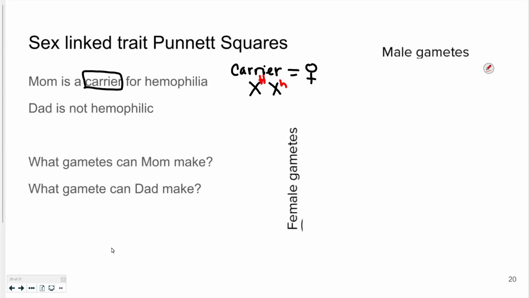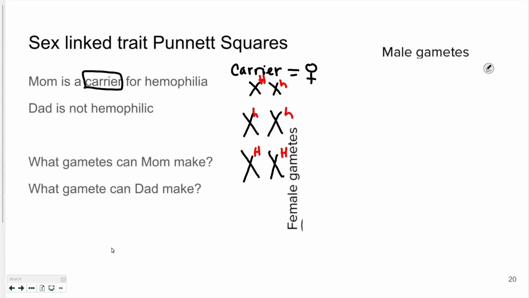Now, if mom had the disease, we know that she would have 2 recessive alleles. If she was not a carrier, we would know that she had 2 dominant alleles.